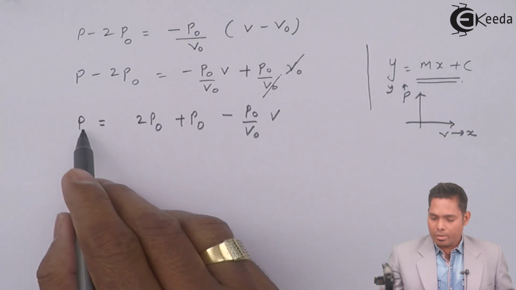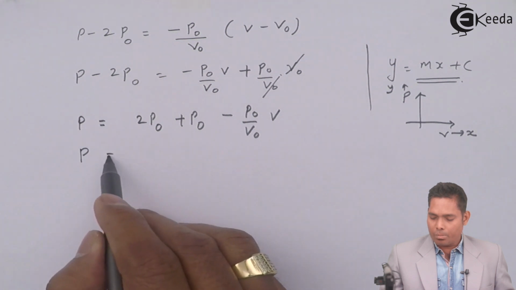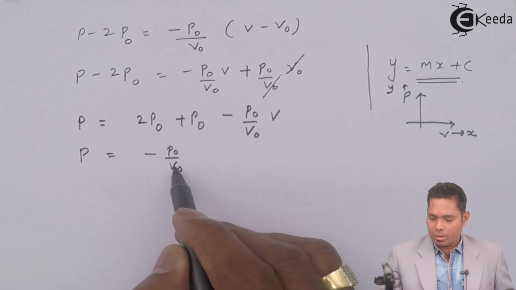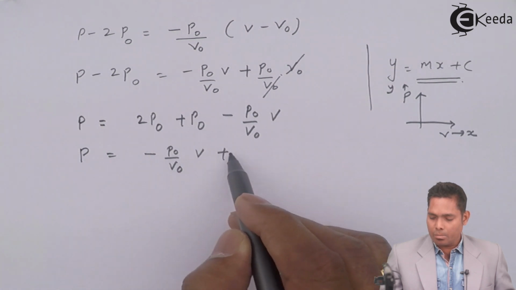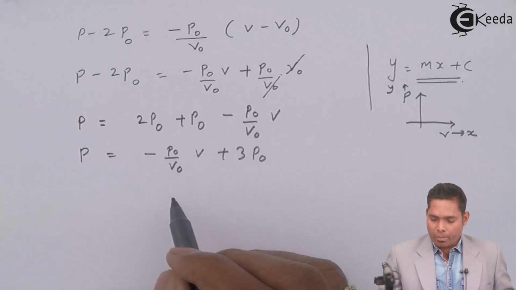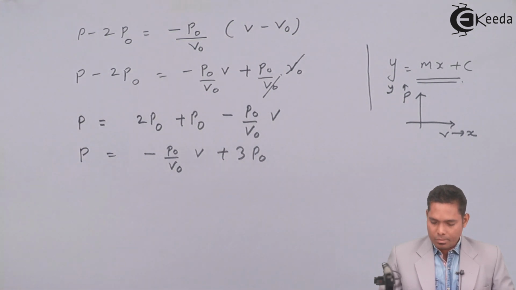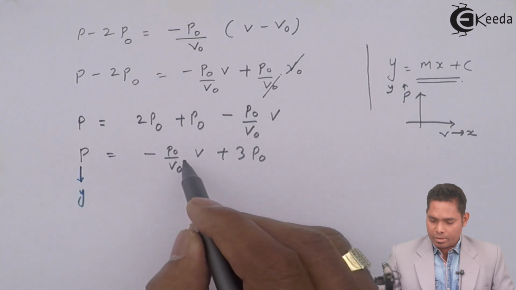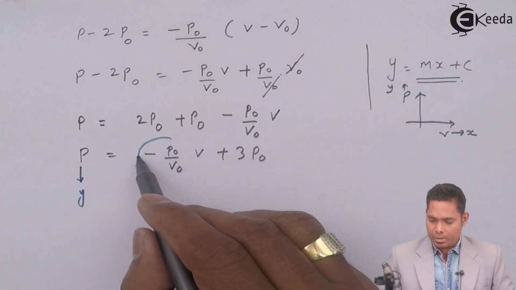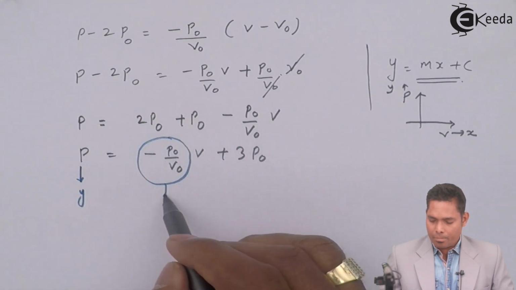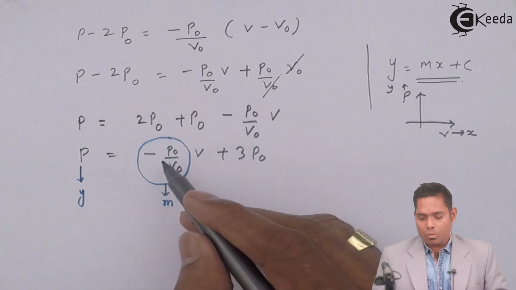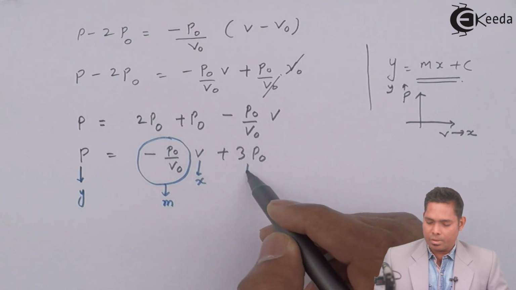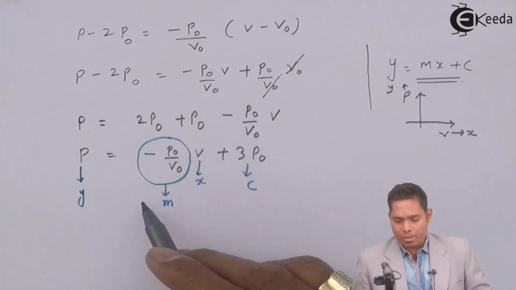So P equals minus P0 by V0 into V plus 3P0. Comparing with y equals mx plus c, this is m, obviously a negative slope, and this is c.